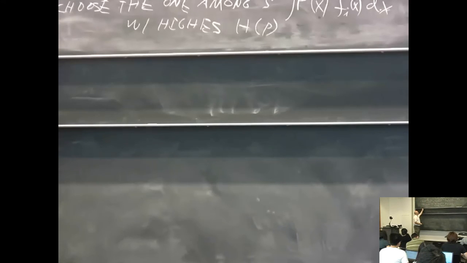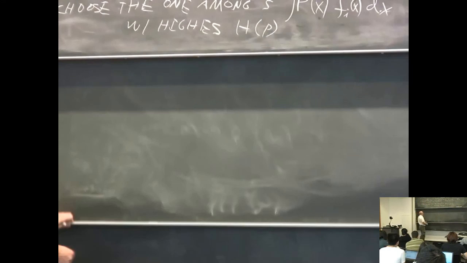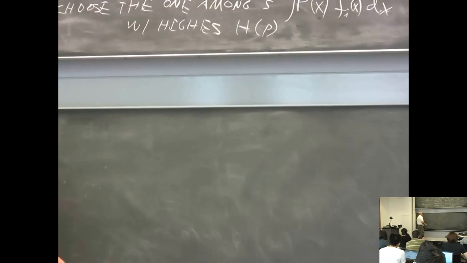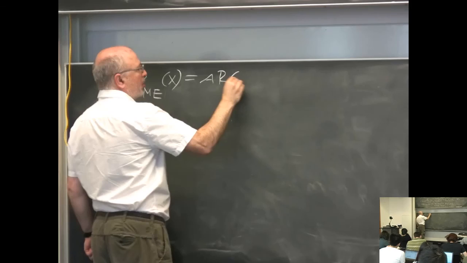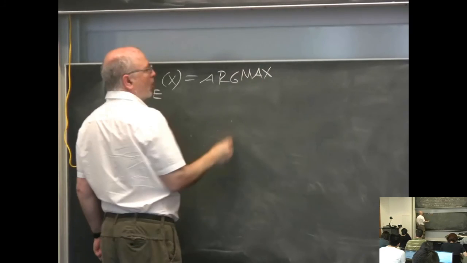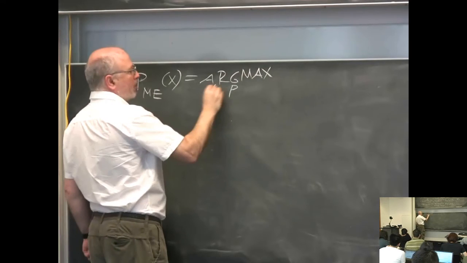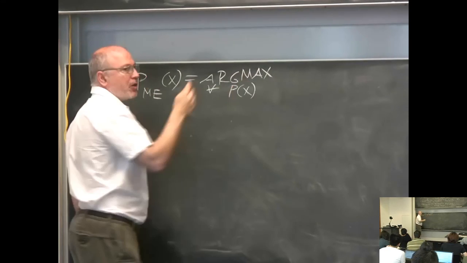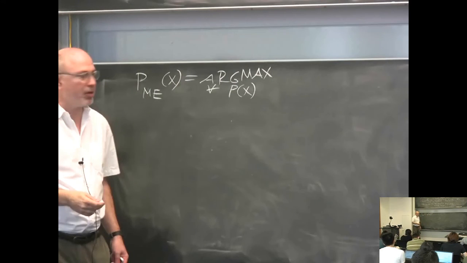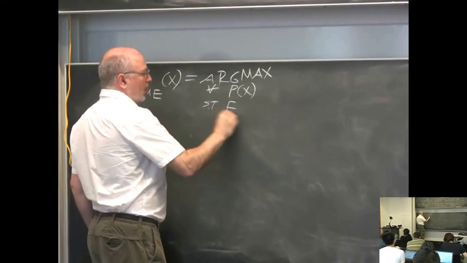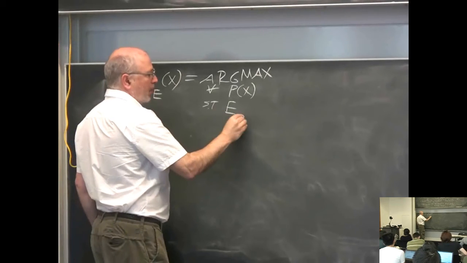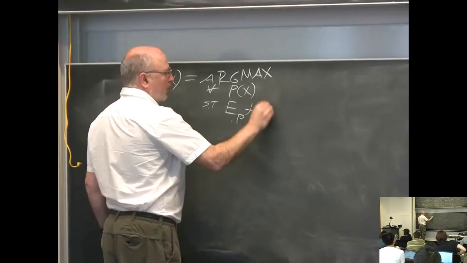In a formula, it would be P maximum entropy of x is the argmax over all P's of x, all possible functions in the universe over x, such that E under P of fi equals Ki.